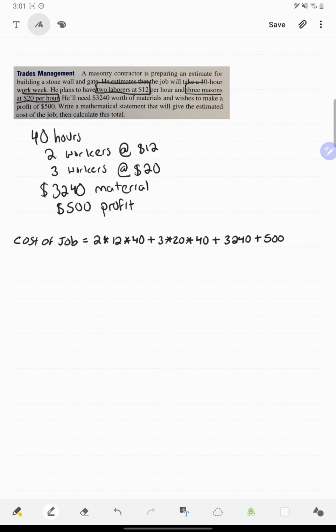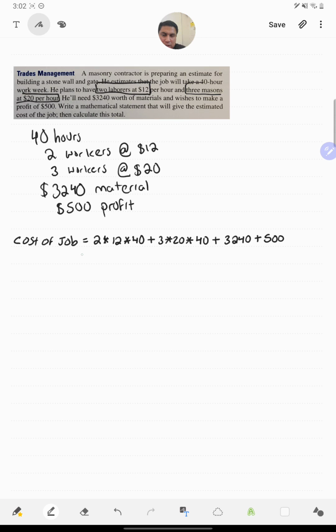Okay, and so now we know that the material is 3,240 and the profit that the contractor is trying to make is 500.